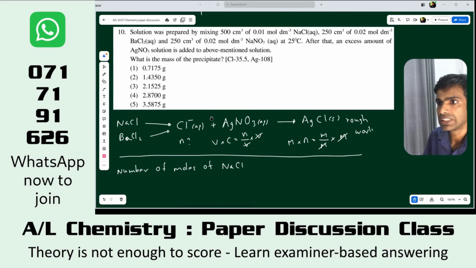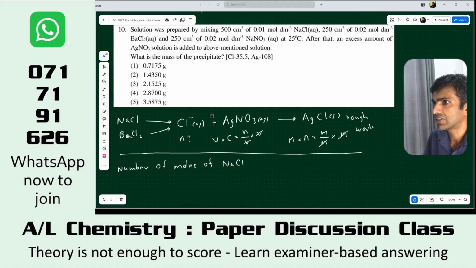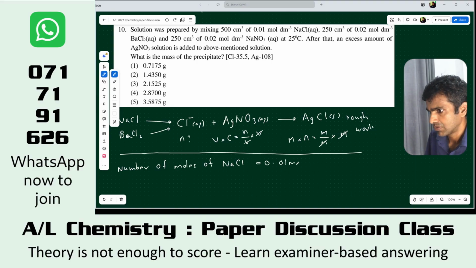So the concentration of the sodium chloride solution is 0.01 moles per cubic decimeter, times the volume, which is 500 cubic centimeters, which means 0.5 cubic decimeters.